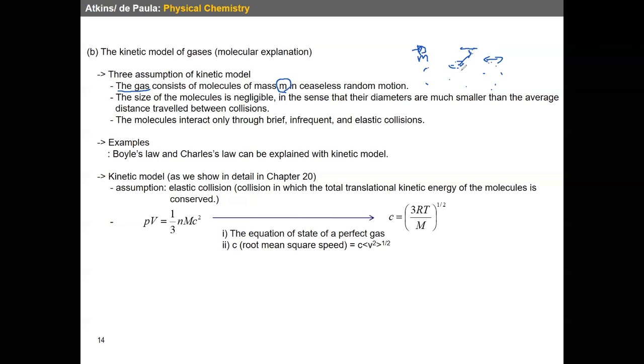We assume that the size of these molecules is much smaller than this travel distance. This is the second assumption for this kinetic model.